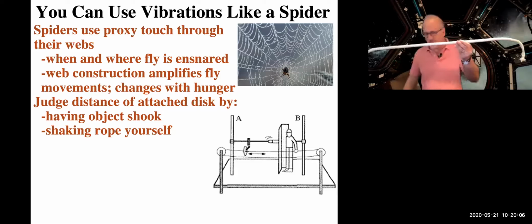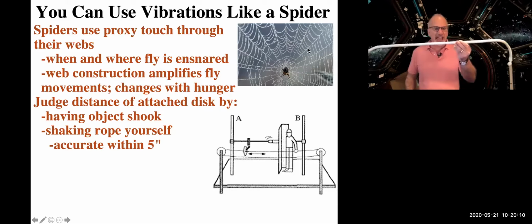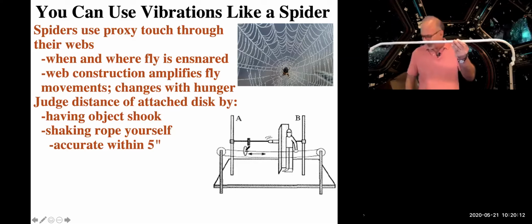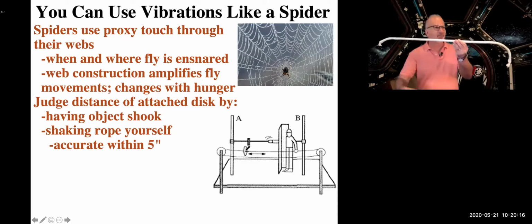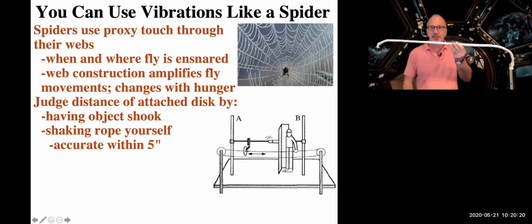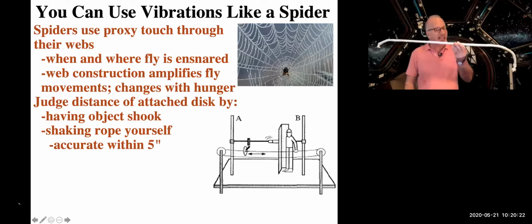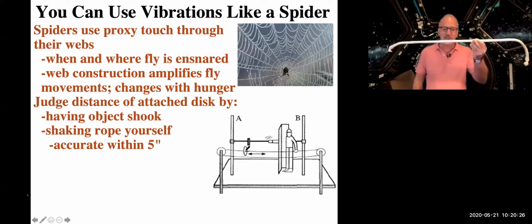It has to do with the way the rope would be vibrating. So I could tell accuracy within, say, 5 inches that the rope is, say, 20 feet away from me, or 21 feet away from me, or whatever. I can tell the accuracy within 5 inches based on how this rope is vibrating.